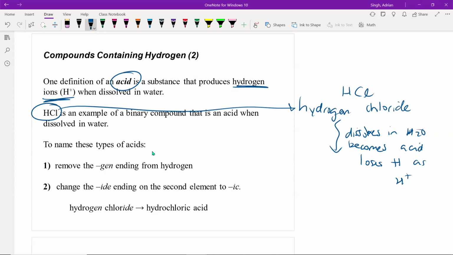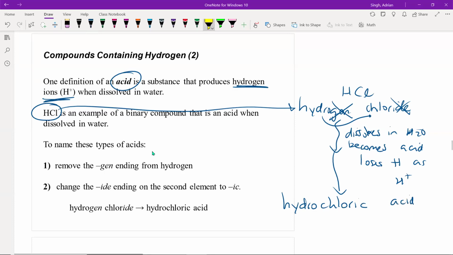So when it dissolves in water, we change the name. It becomes not hydrogen chloride anymore. It becomes hydro. We drop the ending, and we combine it with this part here. So hydro and then chlor. We drop this ending, replace it with ic, and then we have the word acid at the end.